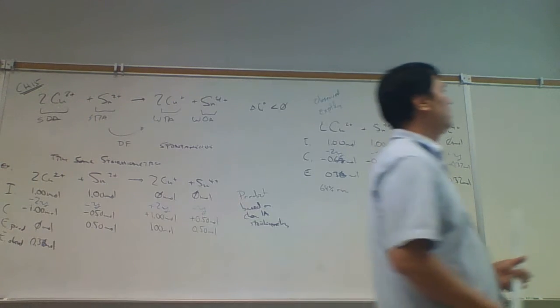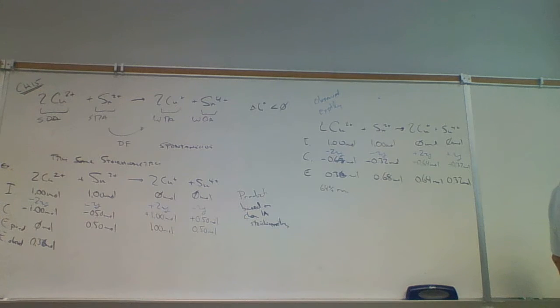All right, so when we look at this, there is a driving force because copper 2 is a better oxidizer than tin 4. But how much better of an oxidizer is it?